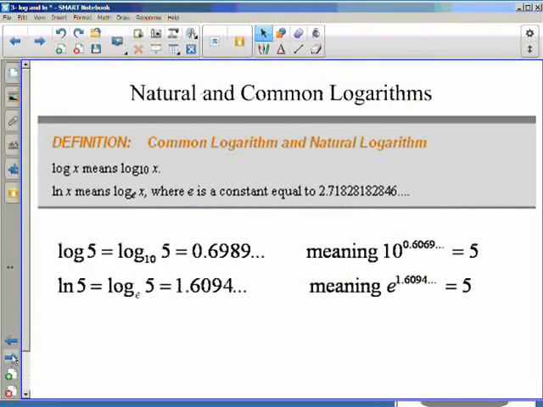We're going to work with two specific bases, in this case 10 and the number e. Log base 10 of x is just written log x, and then log base e of x is written ln of x.